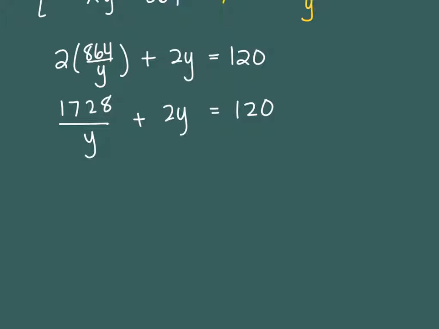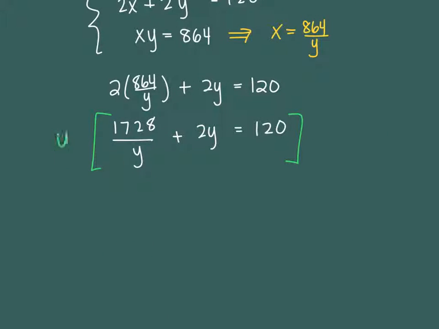Okay, we have a y in the denominator we don't like. And when we have a y in the denominator we don't like, we should get rid of it by multiplying everything else by y. So we're going to take this whole problem and multiply it by the letter y. So that will be distributing a y to this one, a y to that one, and a y to that one. That will give me plain 1728.